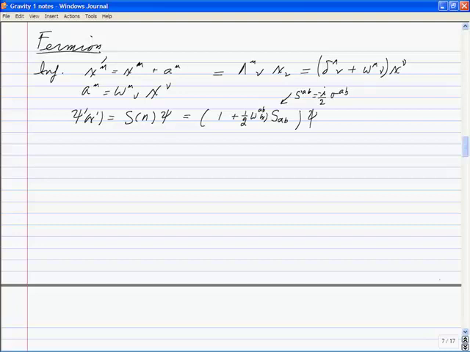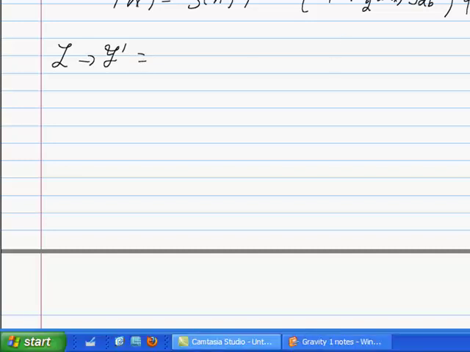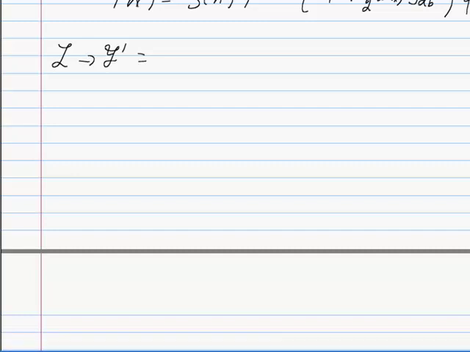So a task ahead of us is now to make the Dirac Lagrangian invariant. Okay, so we want L goes to L prime, which has two pieces. There's two pieces that we have to work on.